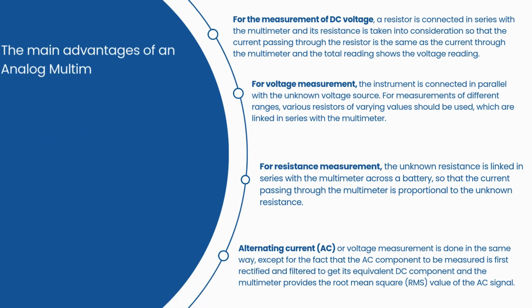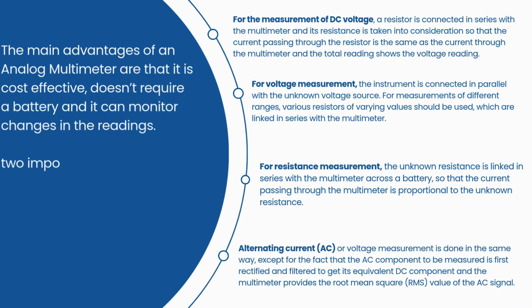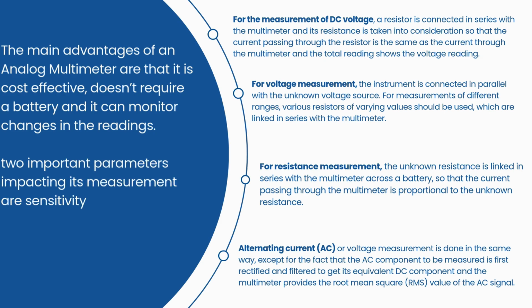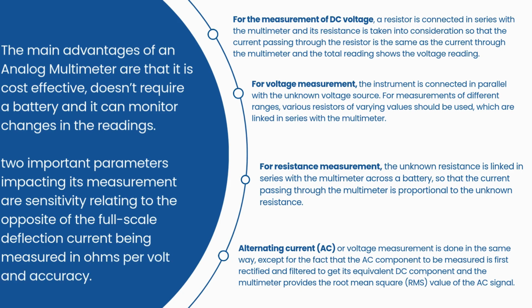The main advantages of an analog multimeter are that it is cost effective, does not require a battery, and it can monitor changes in the readings. The two important parameters impacting its measurement are sensitivity, which is the reciprocal of the full-scale deflection current and is measured in ohms per volt, and accuracy.